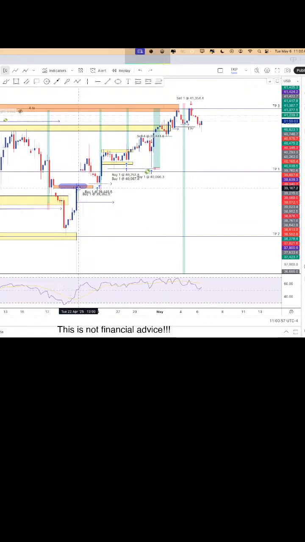So the sale that I took right here, we took a lesson on that. But after this gap, I waited for that pullback. We took a buy here, had buys here, and here. And this was our third target. As soon as we hit TP3, we entered the sale, and now the sale is in profit.